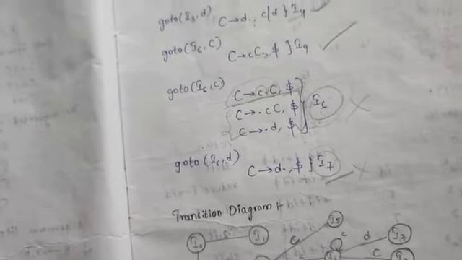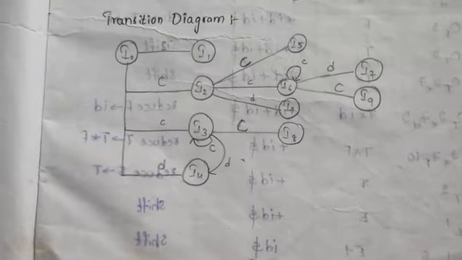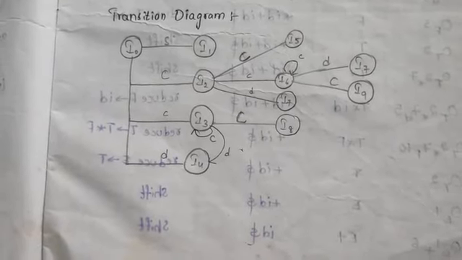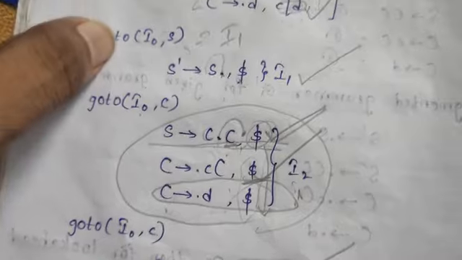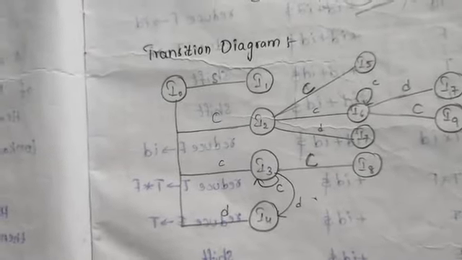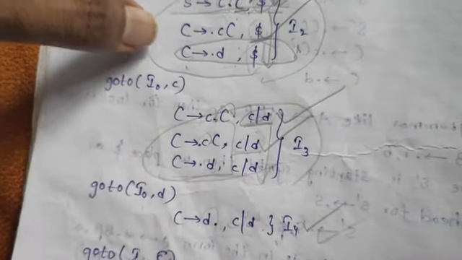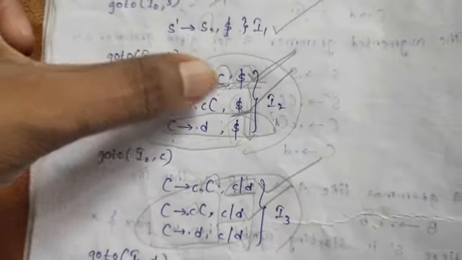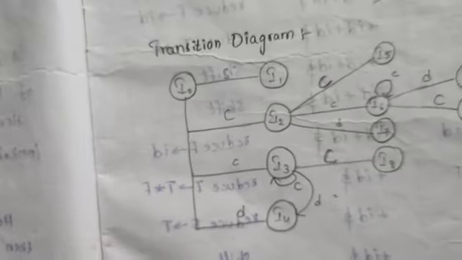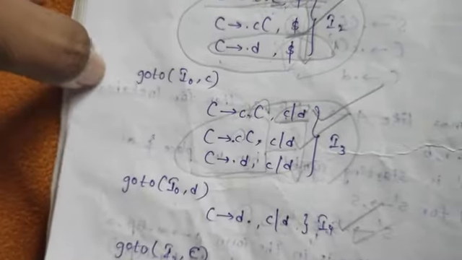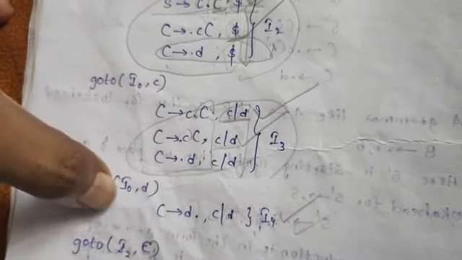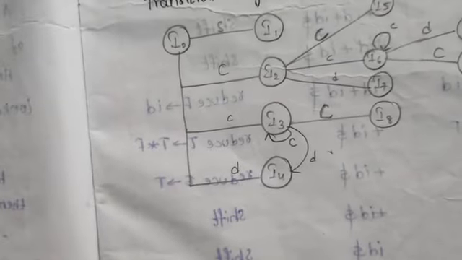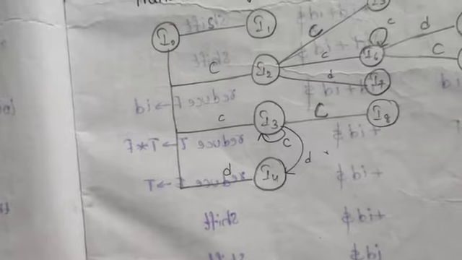After that you need to construct the transition diagram. I already discussed that. In I0, S goes to I1; in I0, capital C goes to I2; in I0, small c goes to I3; and small d goes to I4.